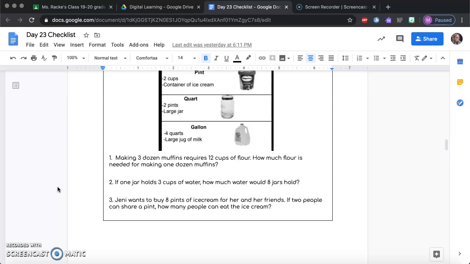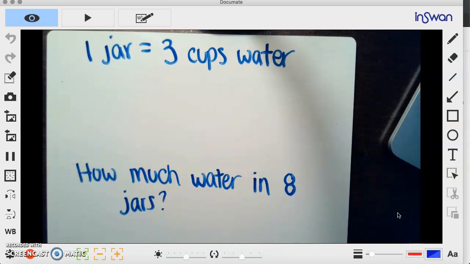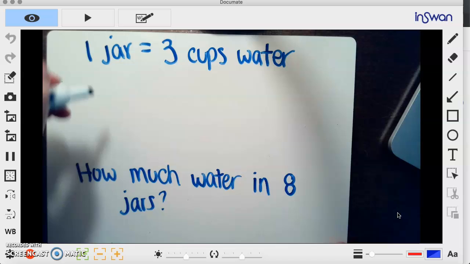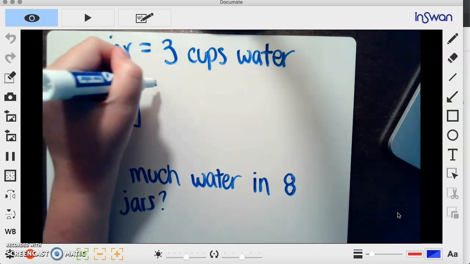Number 2, if 1 jar holds 3 cups of water, how much water would 8 jars hold? So I have my 1 jar, gives me 3 cups of water. So I'm going to go ahead and draw out my 8 jars.